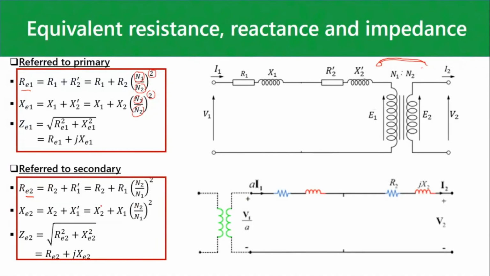And it's just backwards. Make sure when you refer to the secondary, it's N2 over N1 squared. When you're referring to the primary, it's N1 over N2 squared.